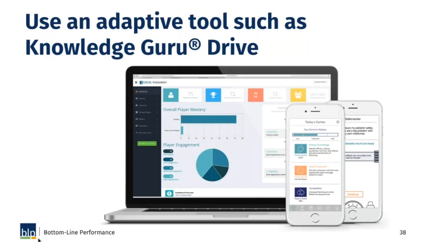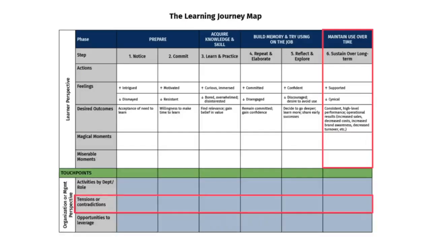You can use adaptive tools. Knowledge Guru Drive is one of those tools, and it gives great analytics for managers to see where people have confidence and competence, or lack of confidence or lack of competence, and provide coaching, and it'll tailor the content that a learner receives based on how they're performing.